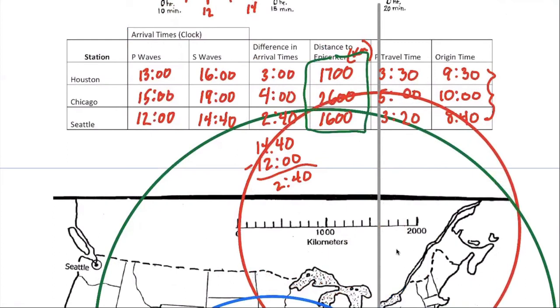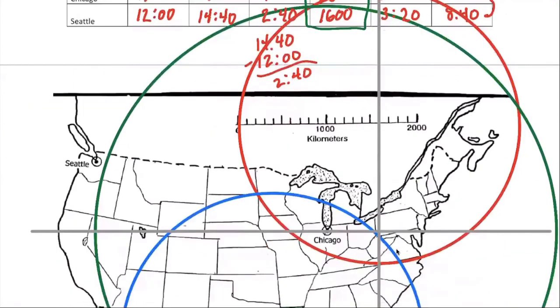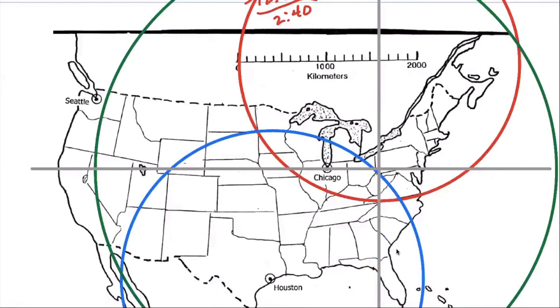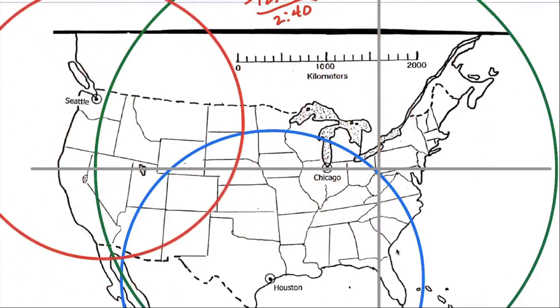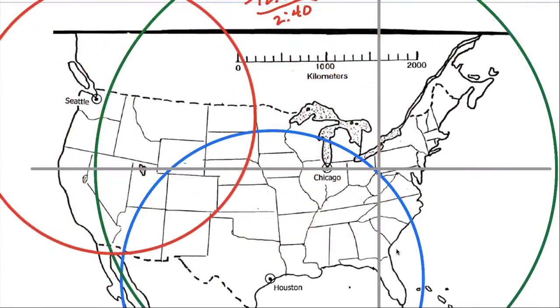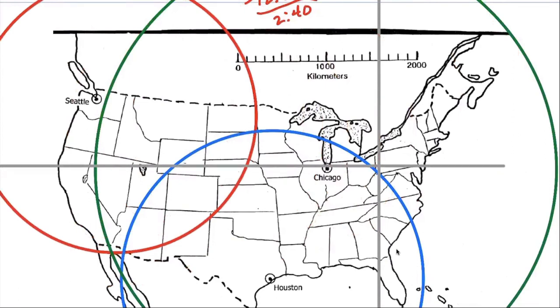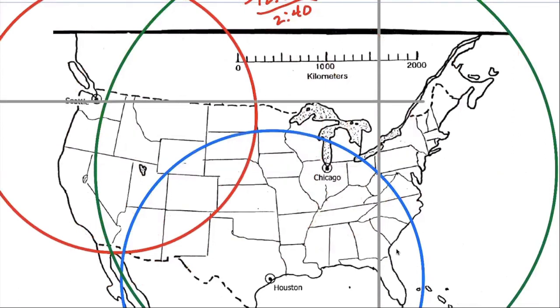And so when you go and draw these, all three of them should intersect at one location, which is the name of the game here. I know it's roughly right about there. I'm going to move this over Seattle to make sure I'm centered.